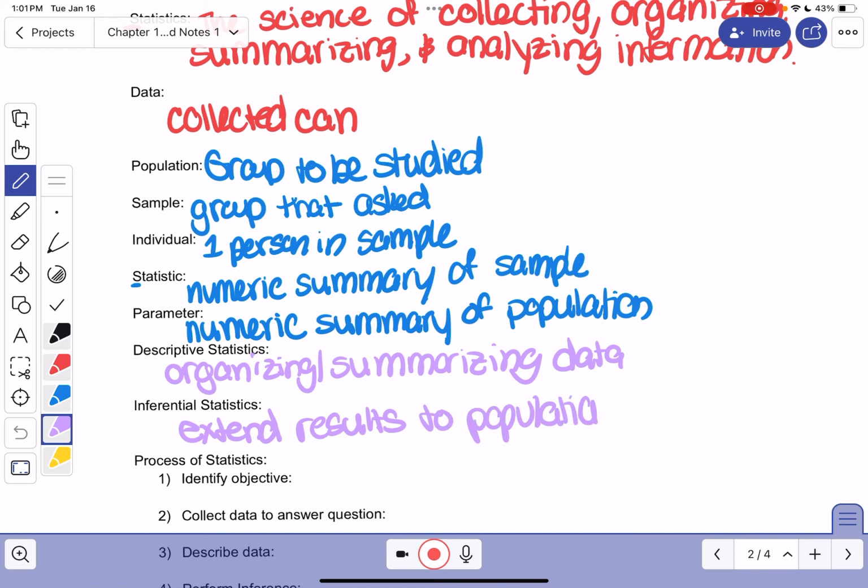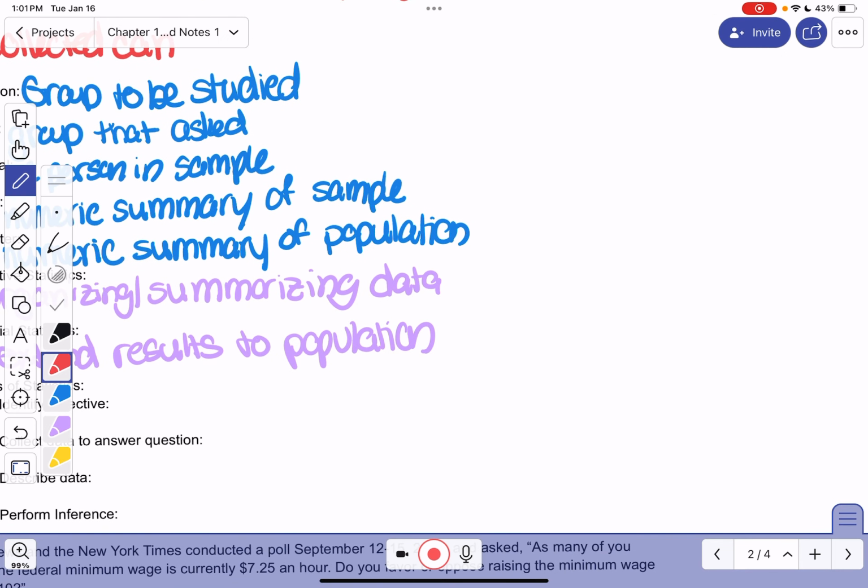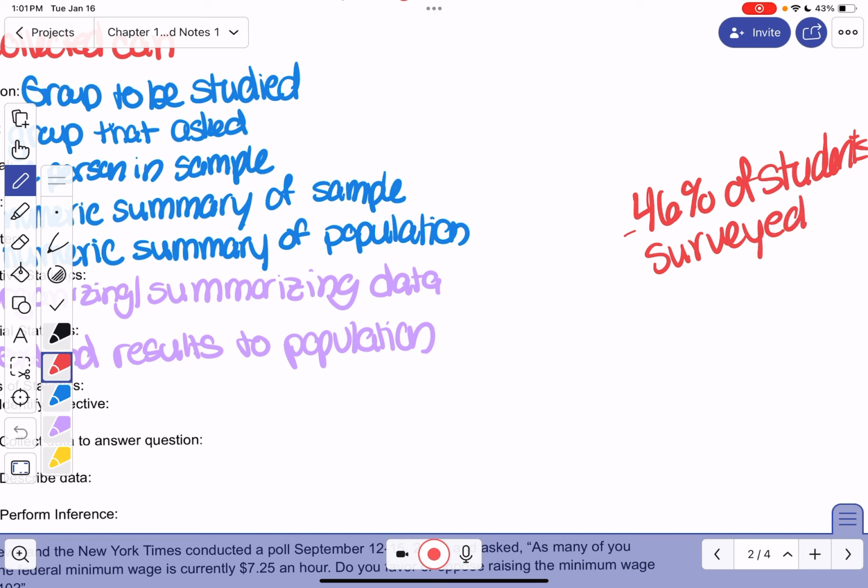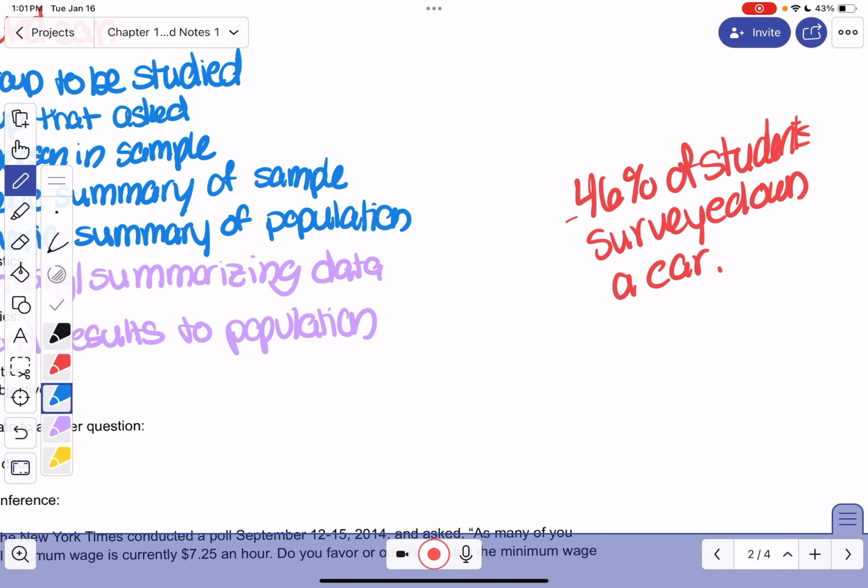For example, if I said 46% of students surveyed own a car, that's going to be a descriptive statistic because we're talking about specifically the students surveyed.